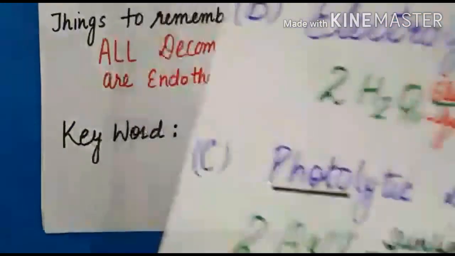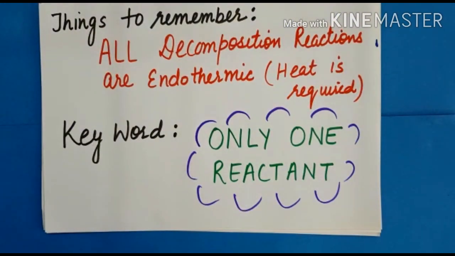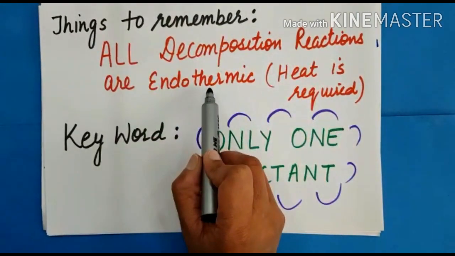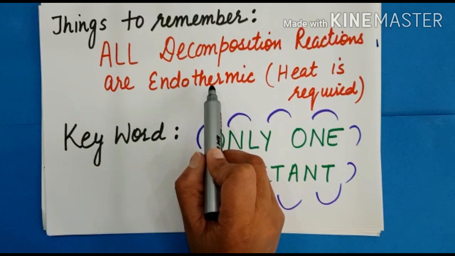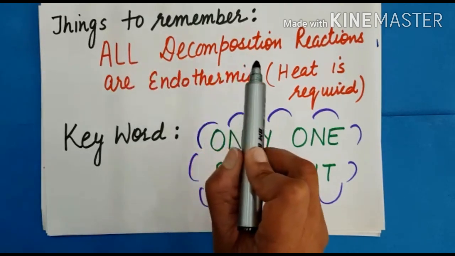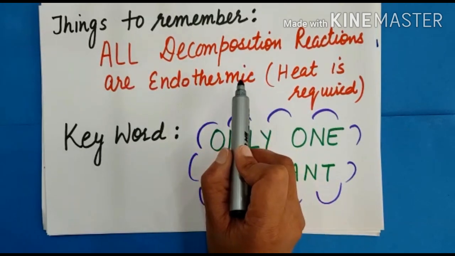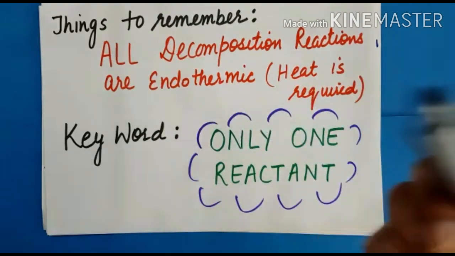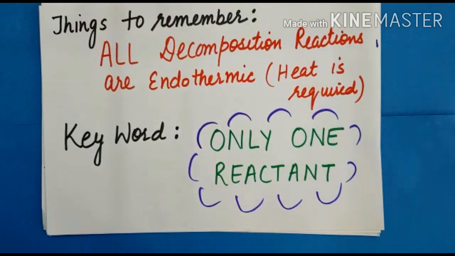Now the things to remember to explain decomposition reactions: all decomposition reactions are endothermic. Earlier I explained the exothermic reaction where heat is released. But in all decomposition reactions, as you observe, heat is required to break the single substance into many substances.